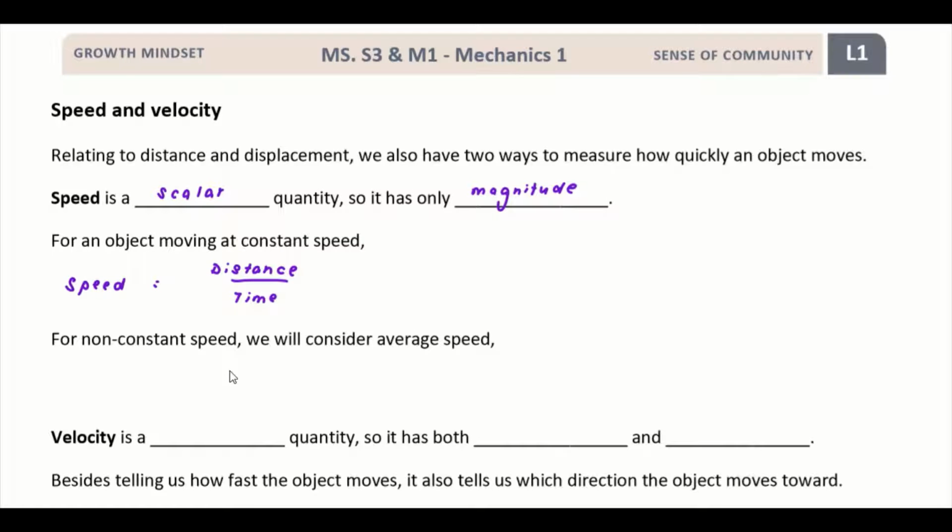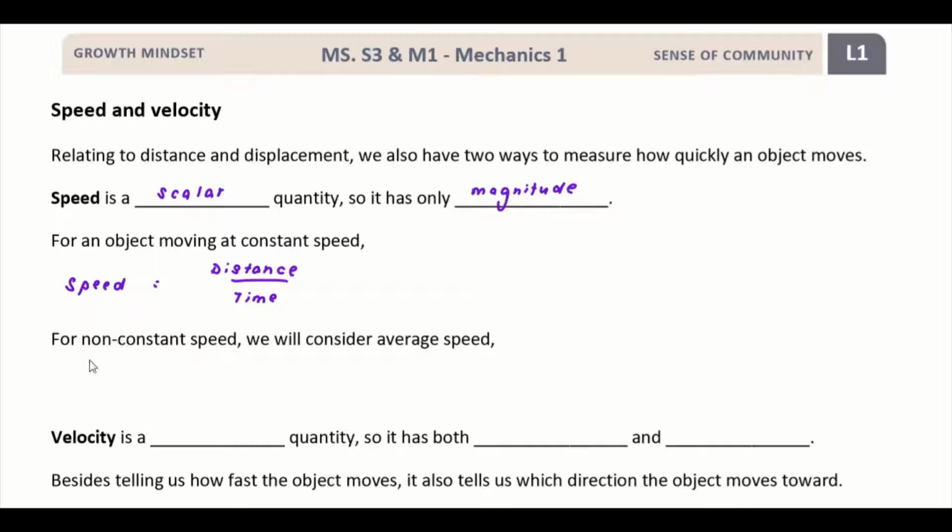A simple example is if you drive a vehicle from your home to the school. You always start your vehicle with a speed of 0. Then in the journey itself, you will have traffic lights, you will need to turn left and turn right and so on, so the speed will keep on changing.